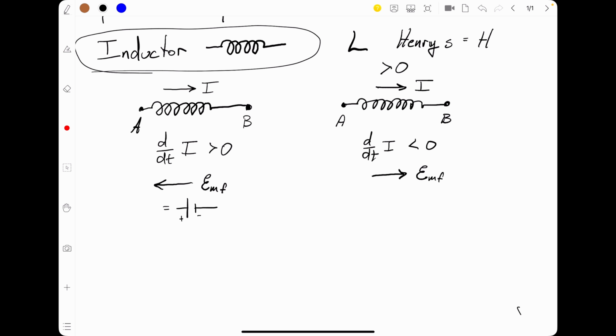So the EMF is actually pushing more current through the loop if our current is declining. If our current is increasing, then the EMF is trying to slow down that amount of current going through. And I'll just put a little equals a battery that looks like this, where it's negative here and positive there.